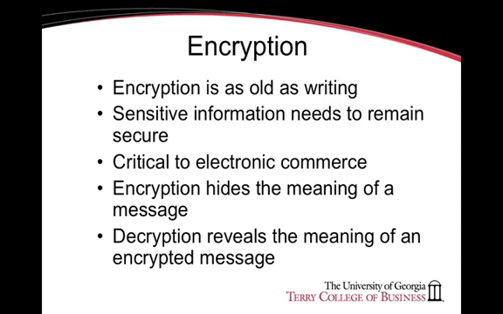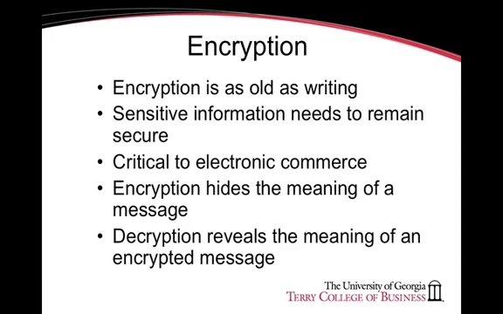Encryption is another way to ensure data integrity. Encryption is really as old as writing and is associated with the earliest ciphers. Sensitive information needs to remain secure, and one way to ensure that security is to make sure that the text or the information that is being transmitted cannot be understood by people other than the individual who is supposed to receive that information.